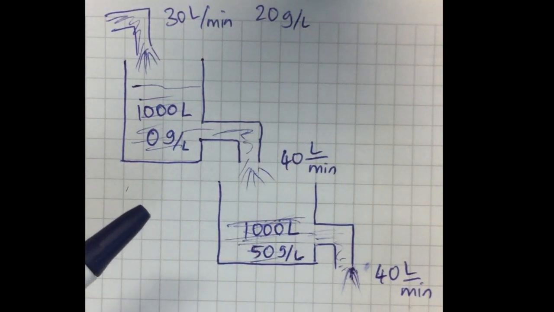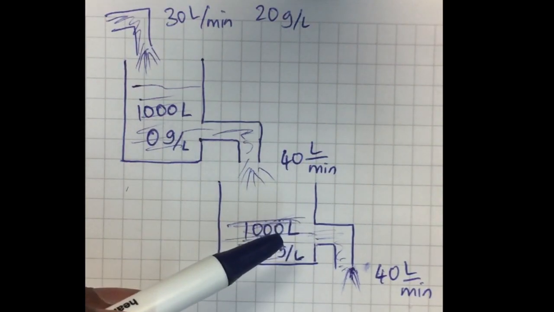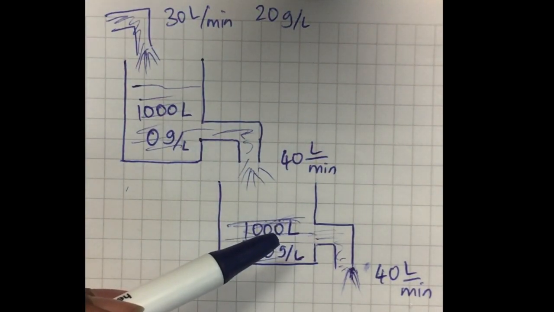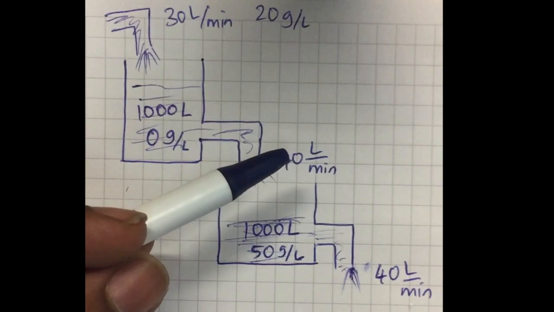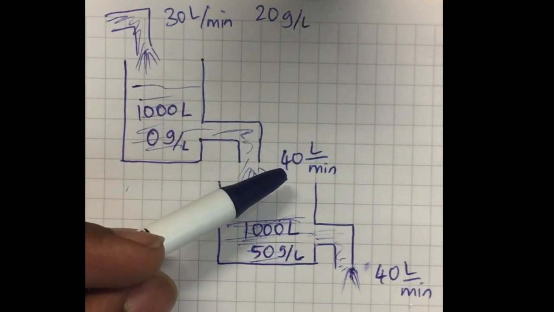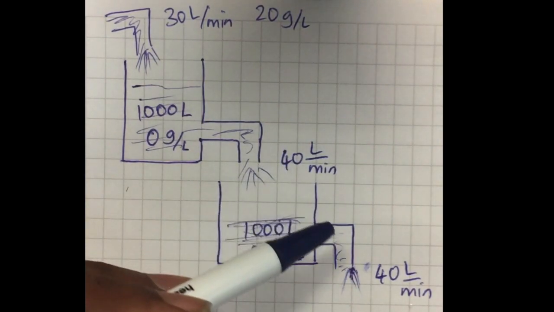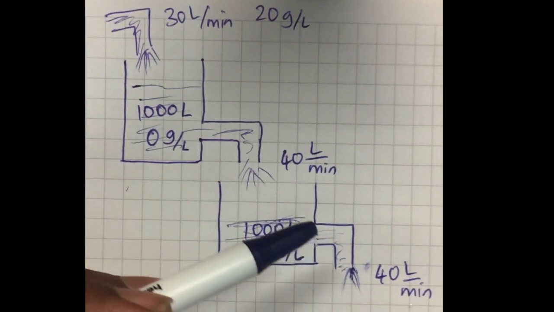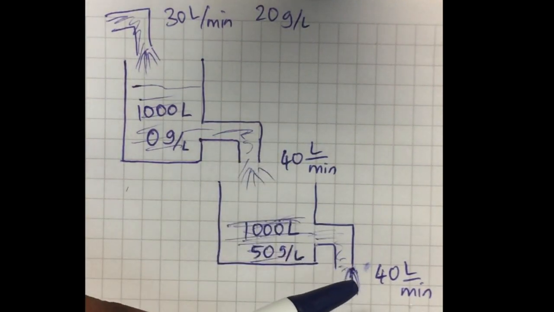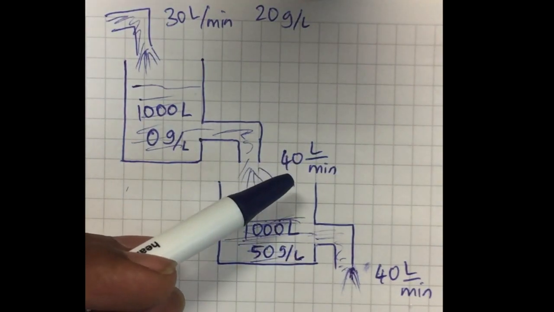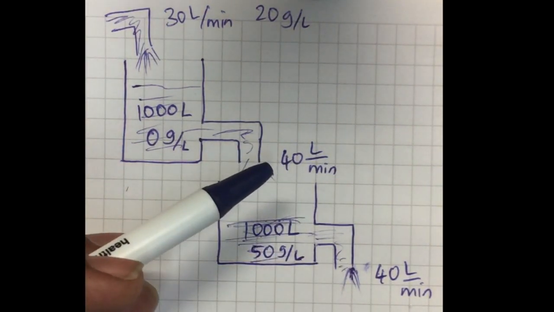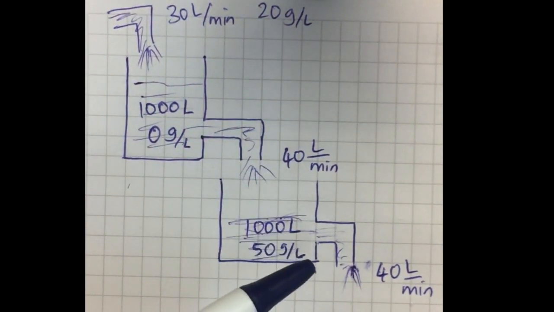Another thing about this tank is that it's at a steady state. What does it mean? It means that the salt water entering the tank and the salt water exiting the tank are at the same rate. If you look at the volumetric rate, they're both the same.